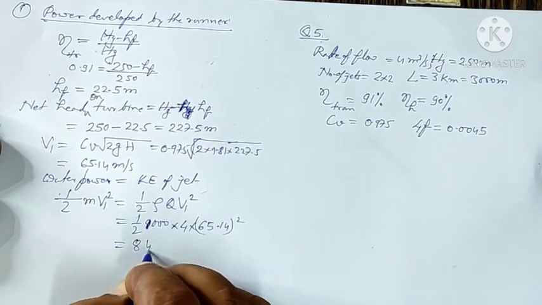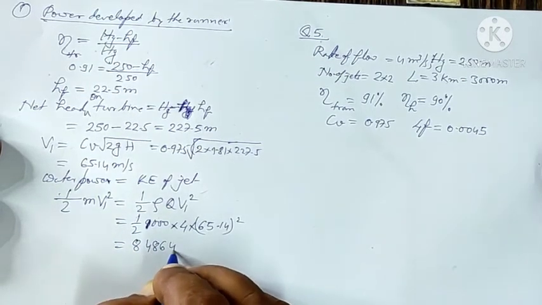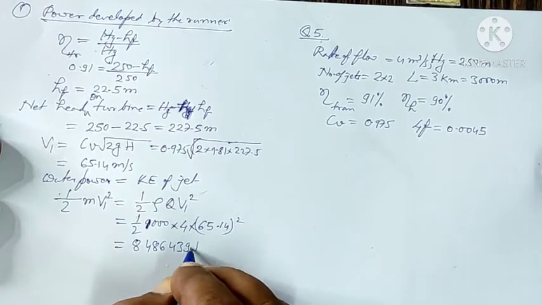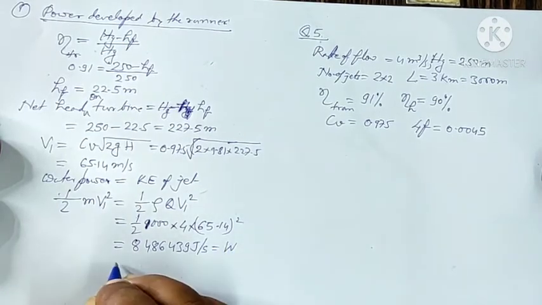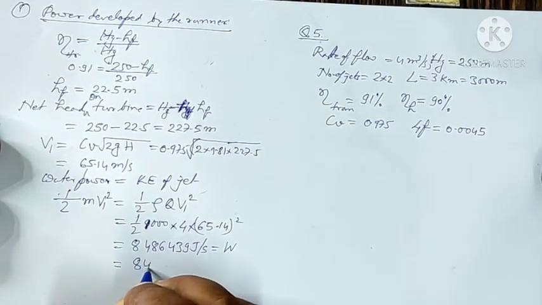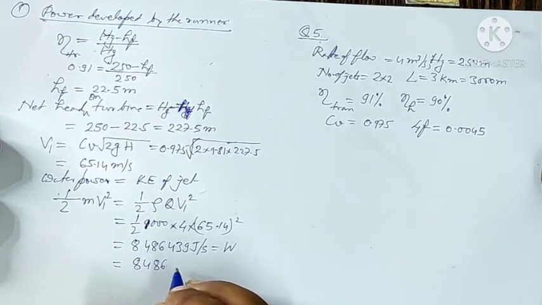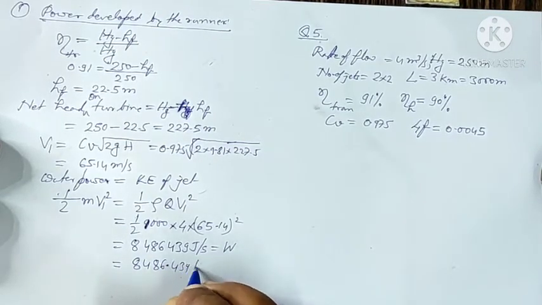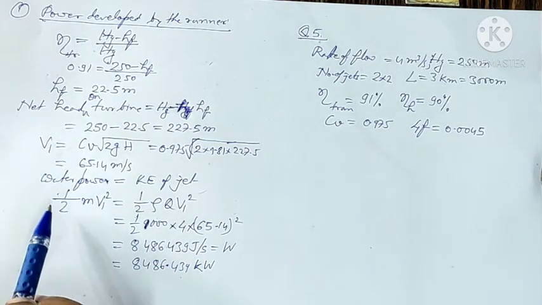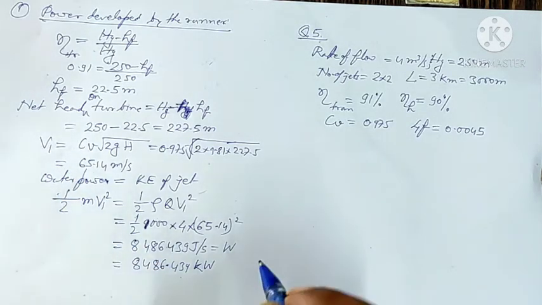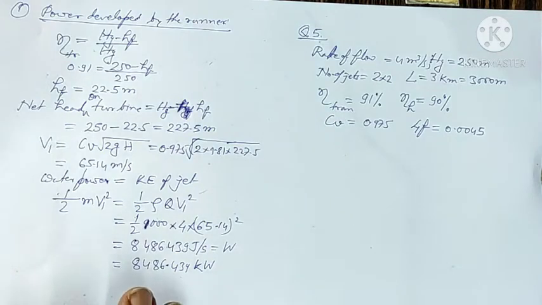So it comes out to be 8486439 joules per second, or we can say as watt. That is 8486.439 kilowatt. So that is the power available at the turbine shaft. The power available at the runner or at the exit of the nozzle.